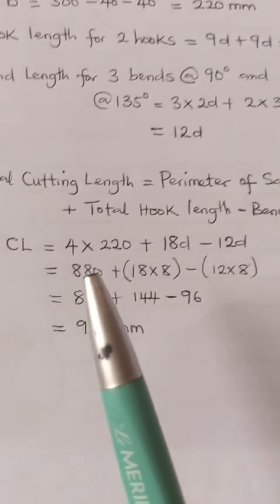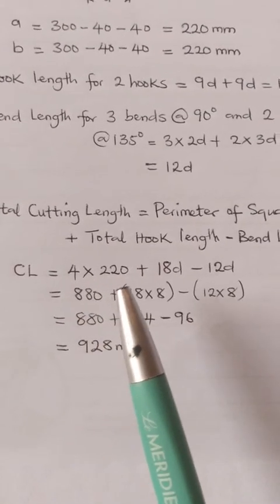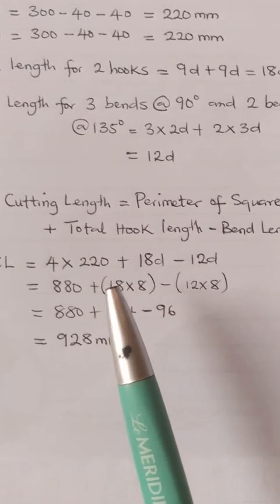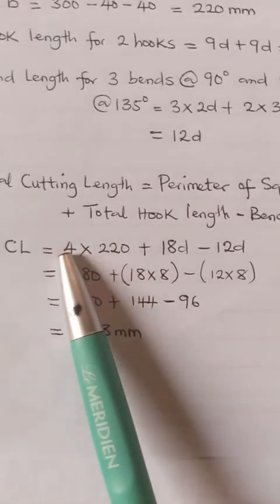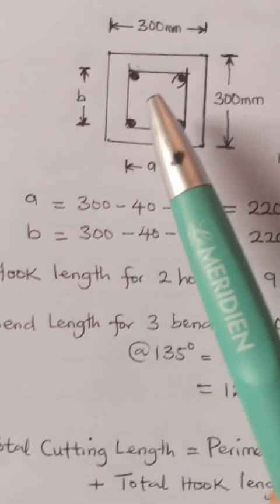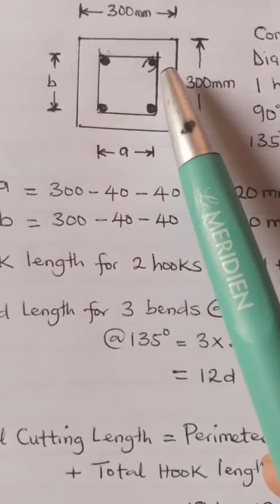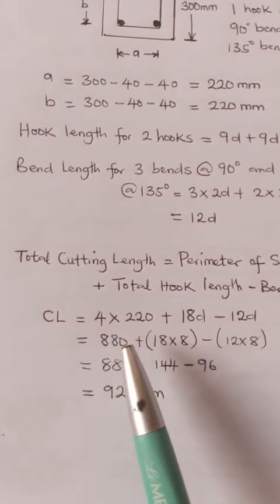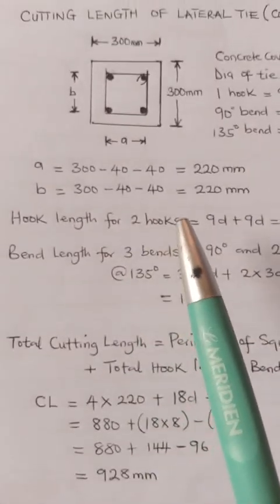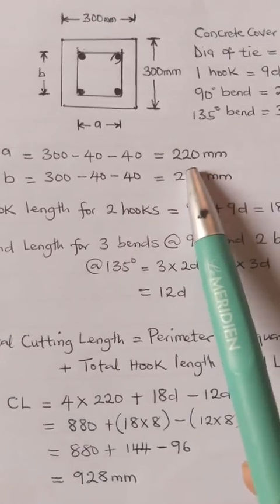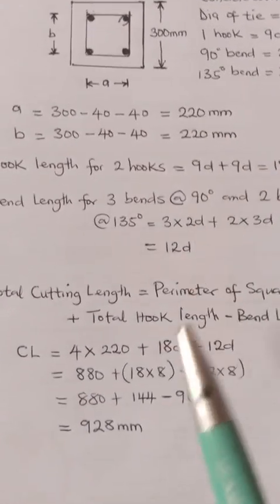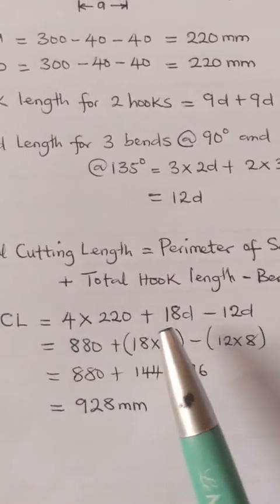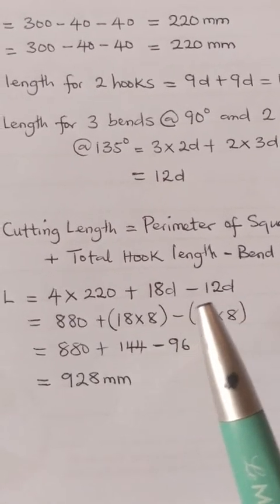So when you substitute, we have 4 times 220. Now this 4 has to do with the 4 sides: 1, 2, 3, 4. So that is why we have 4 here times this 220, plus 18D minus 12D.